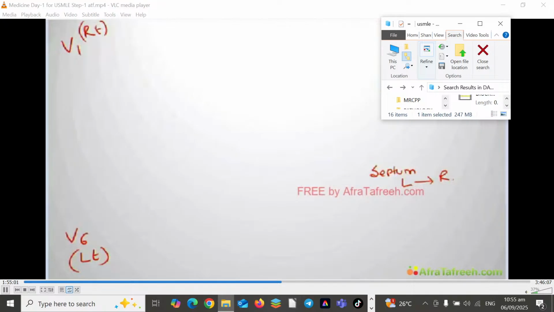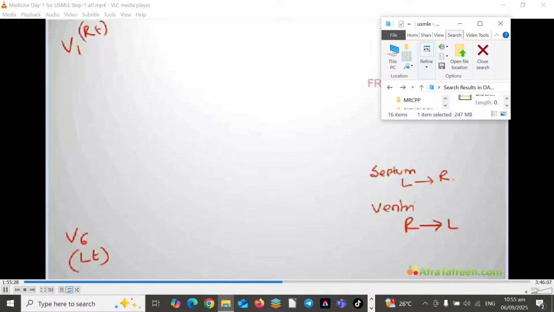It will come to the septum, then only it can go to the right and the left ventricles. The septum is a thick wall of the ventricle. So first thing to depolarize is the septum. The first deflection that would be seen in the QRS complex is the septum. After the septum, the ventricles will depolarize from the right to the left side.